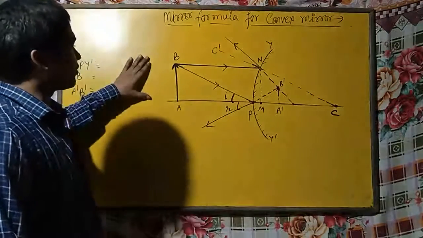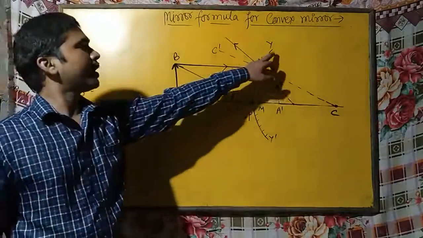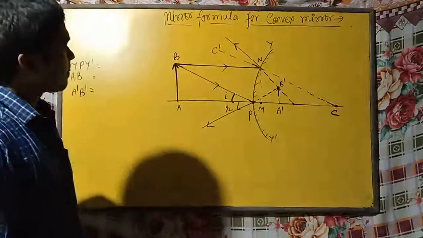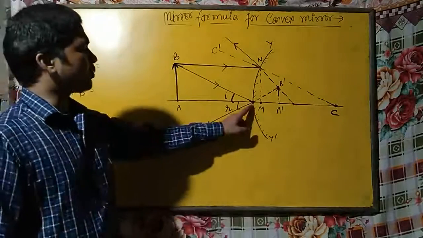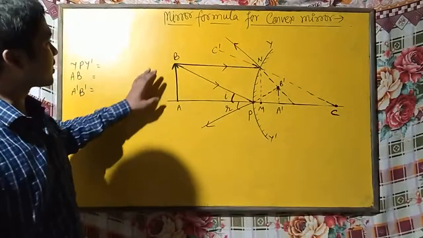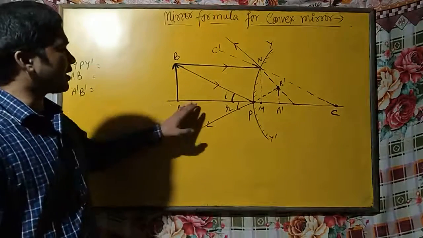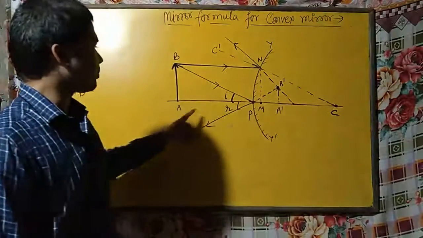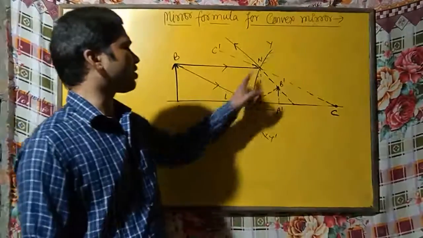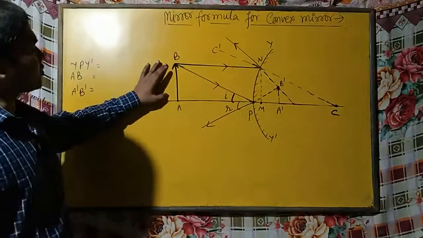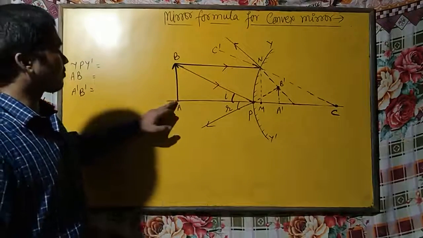In this ray diagram you can see YY' is a reflecting surface and P is the pole of this reflecting surface. Now an object AB is placed on the principal axis, that is APC. You can see this APC is the principal axis for this convex mirror, right? This AB is the object which is placed here.